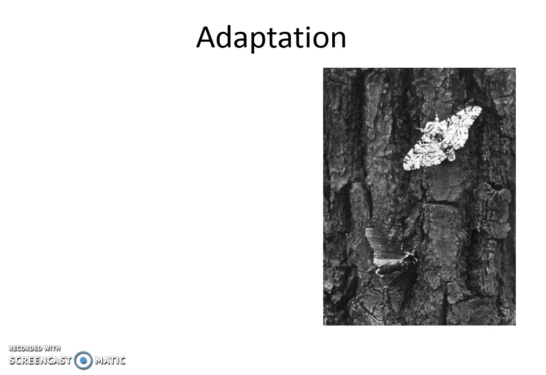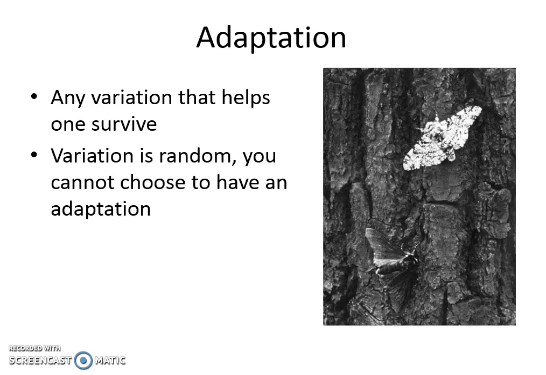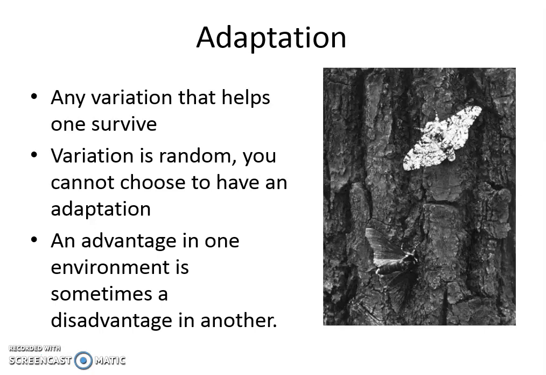So as the environment changes, different phenotypes are going to be more successful. An adaptation is any variation that helps one survive in its environment. That variation itself is random. You don't get to choose what adaptation you're going to have. Once you're born, you either have an adaptation or you don't. And an advantage in one environment could be a disadvantage in another.